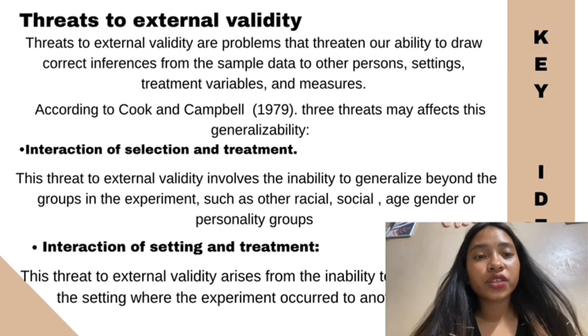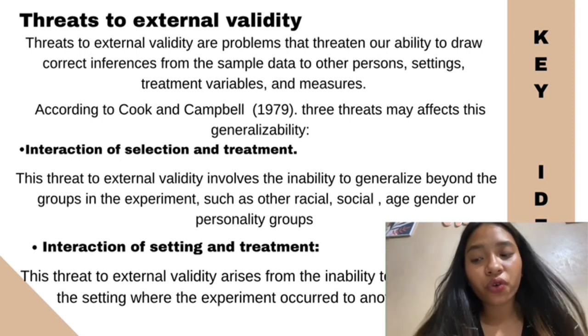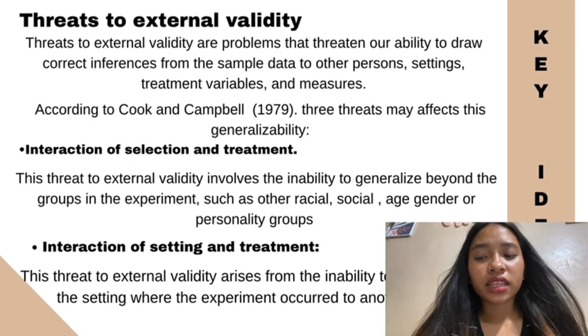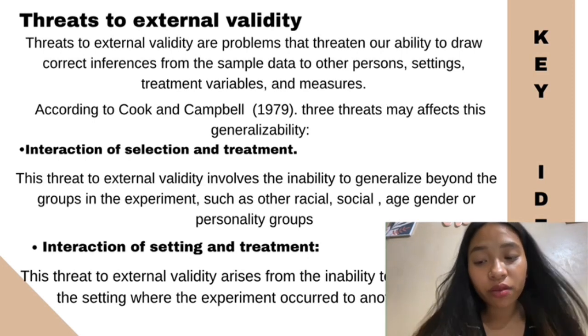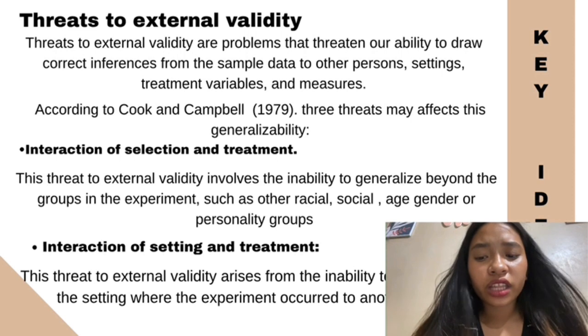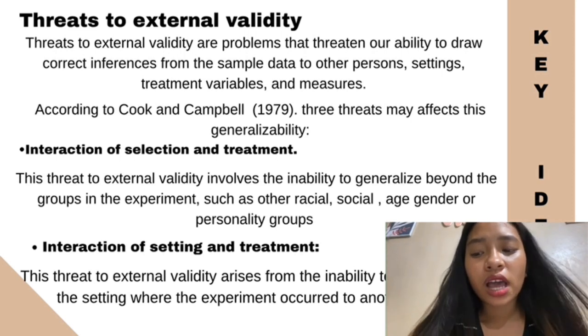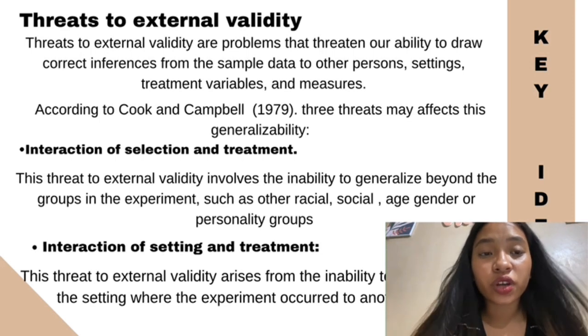So, threats to external validity. Threats to external validity are problems that threaten our ability to draw correct inferences from the sample data to other persons, settings, treatment variables, and measures. So according to Cook and Campbell in 1979, there are three threats that may affect this generalizability. So first is the interaction of selection and treatment.